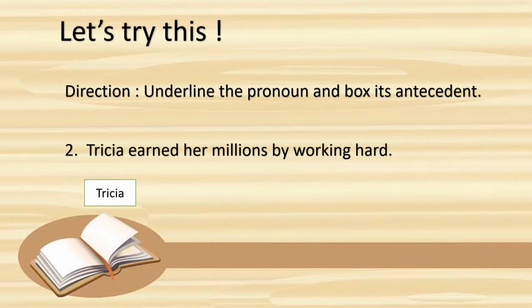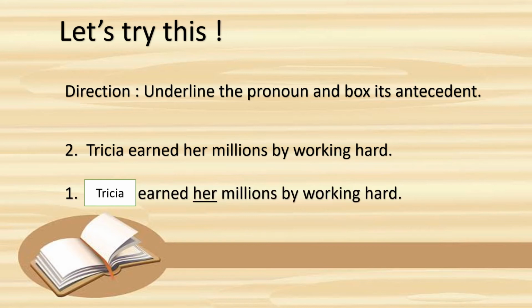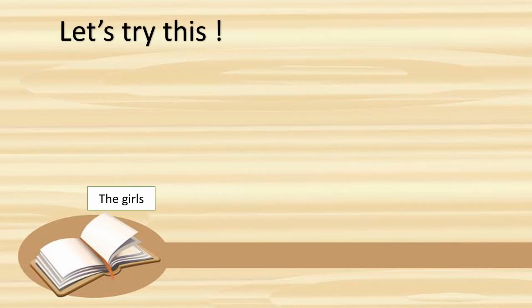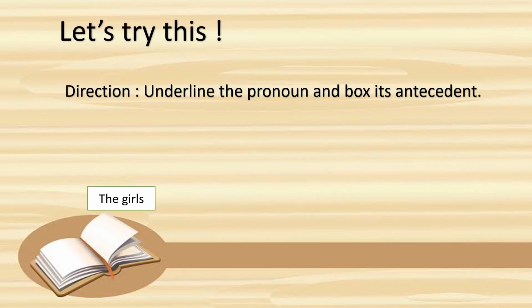So, number 3: Trisha earned her millions by working hard. So, what's our pronoun there? Underline. Very good. Her. Referring to our noun, Trisha. Yes. Then, therefore, Trisha is our antecedent. Very good. Next again.